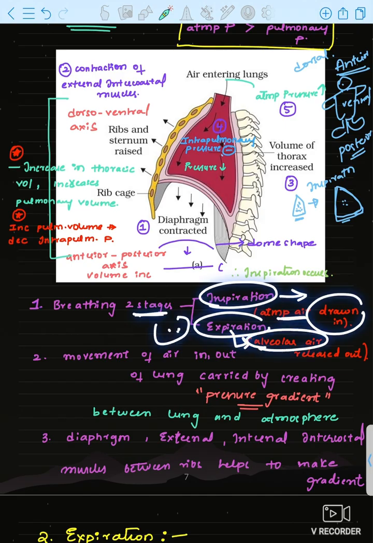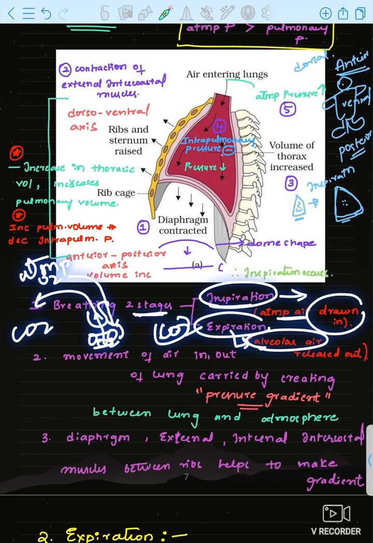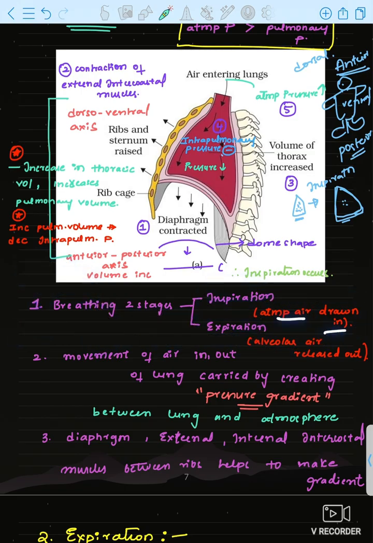From blood vessels, CO2 will enter into alveoli, and from alveoli, CO2 will go outside. From atmosphere, O2 will enter into the alveoli and blood vessels. See, inspiration means atmospheric air is drawn in. Expiration means alveolar air is released out. Okay, movement of air inside and outside.